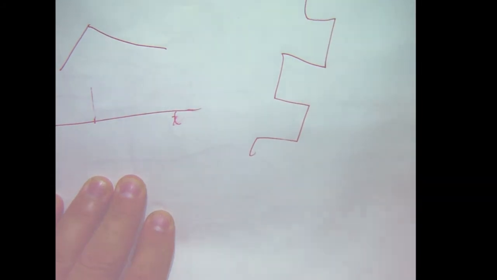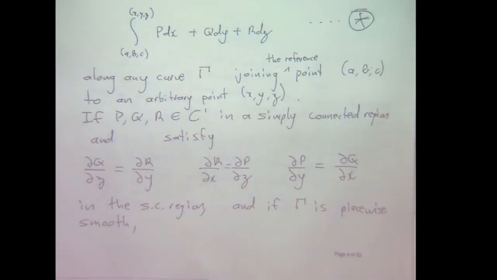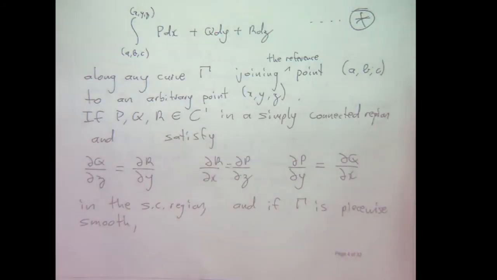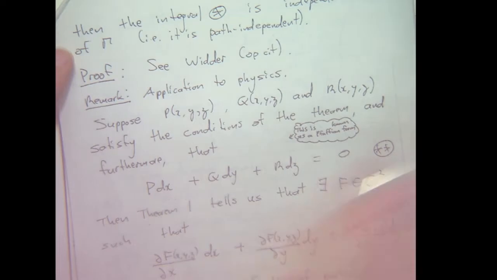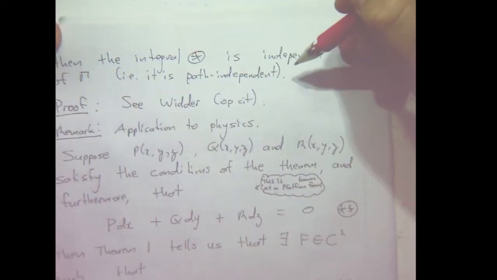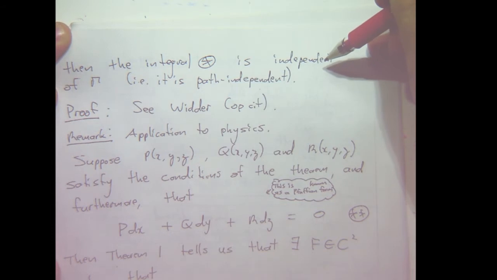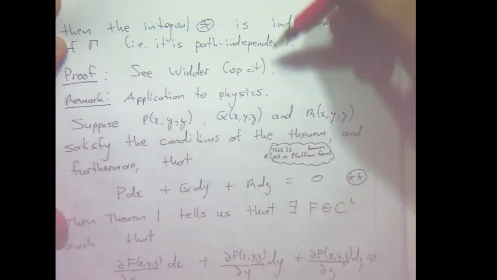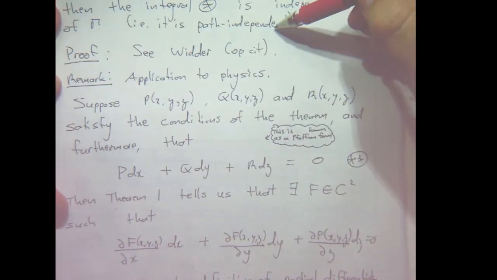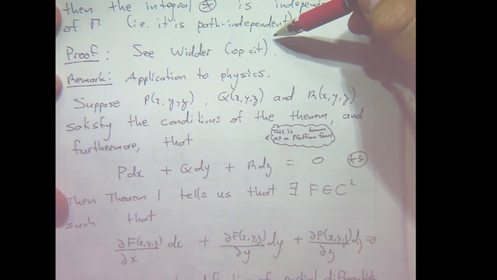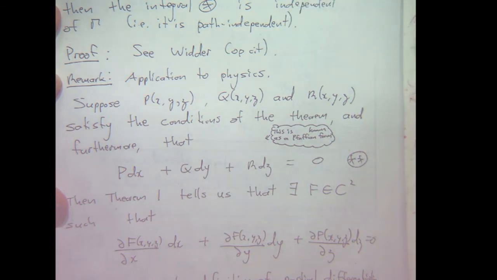That's piecewise smooth. Then the integral is independent of path, or independent of gamma, independent of the path. Right. So you have seen this before in MP2, and also in MP1 with exact equations.